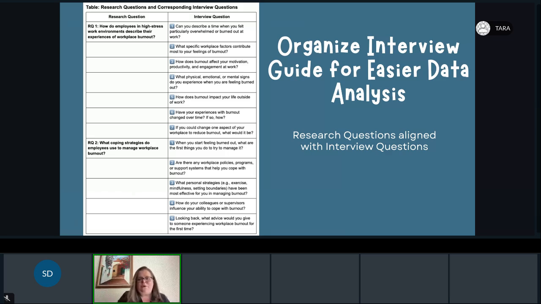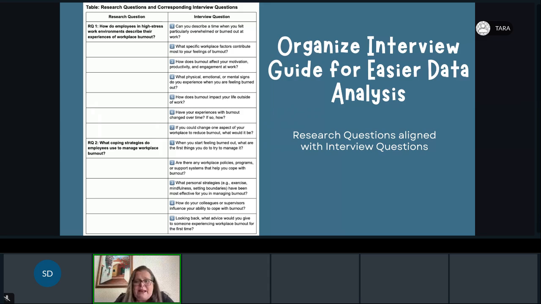So in this first table, I've got 2 columns. On the left, I've got my research questions. Okay, on workplace burnout. This is our mythical study, right? 2 research questions related to workplace burnout. And then in the right column, I've got my interview questions. Every interview question should align directly with one of your research questions. Okay.